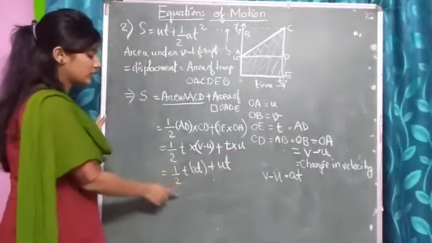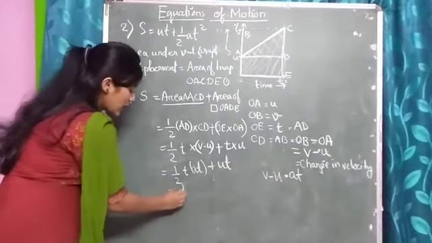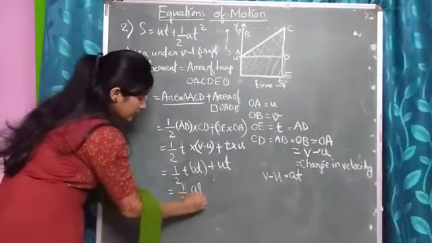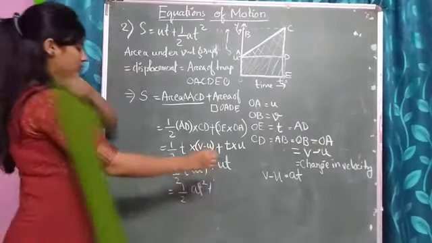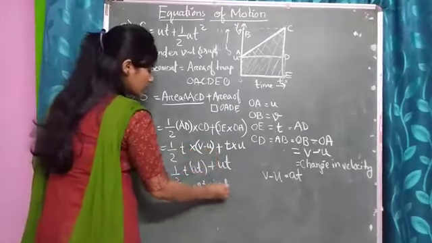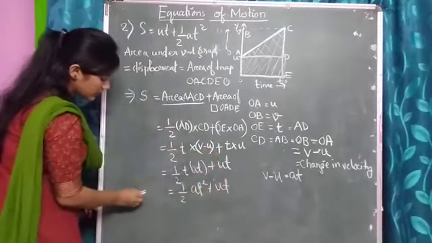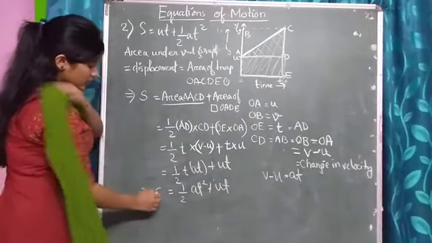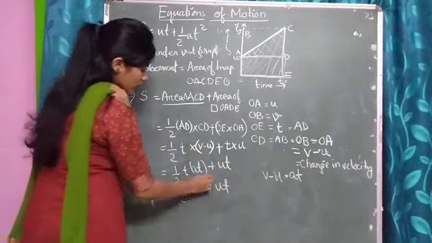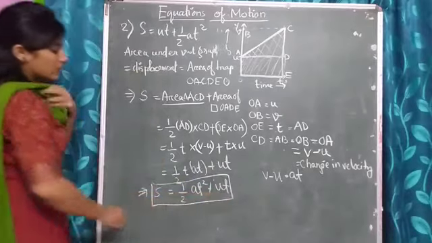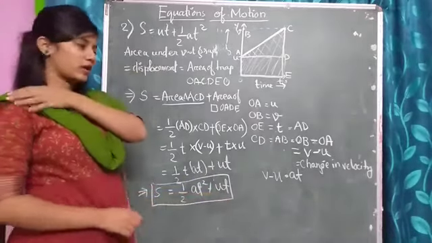T into A T gives us half A T square plus UT, and here we can write it as S. So you are getting S equals UT plus half AT square.